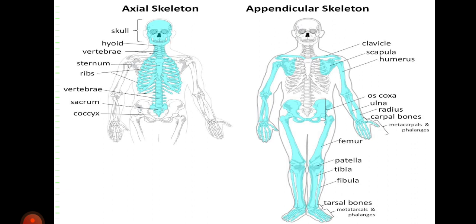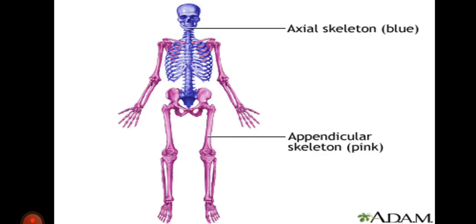So in this picture you can see the axial skeleton and appendicular skeleton. Whatever you see in blue is axial skeleton and whatever is in pink is appendicular skeleton.